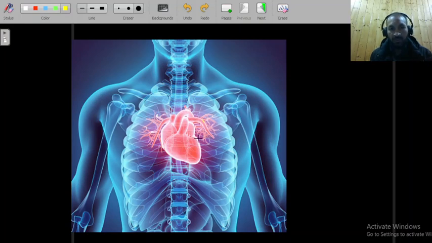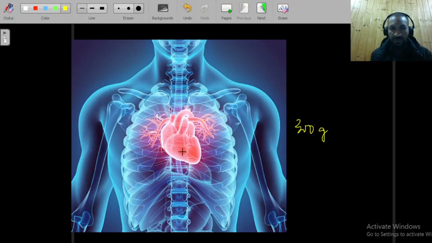You will be amazed to know that an adult human heart has a mass of around 300 grams. And this human heart, if you look at its frontal view, this is how it looks when you look at it from the front of your body.